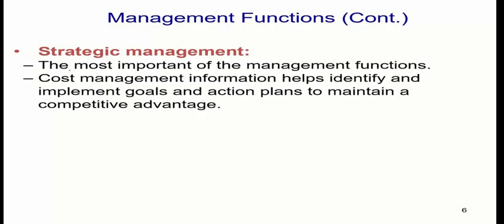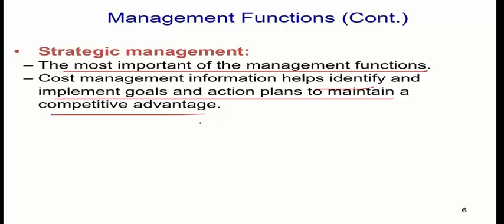First, strategic management. Usually strategic management is the most important function for management because they're planning to draw the big picture. It involves identifying and implementing goals and plans to maintain the competitive advantage. Whatever your competitive advantage is, we'll talk about that later.